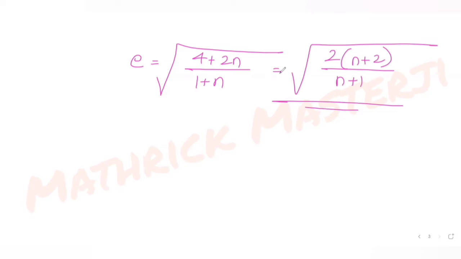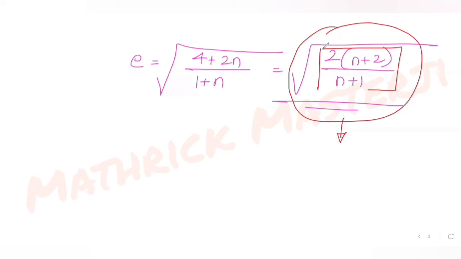Now the question tells us that the eccentricity is a rational number. When it is rational, I can have a perfect square inside the square root, so that it gives a rational number, because if there is not a perfect square inside the square root, it will become irrational.